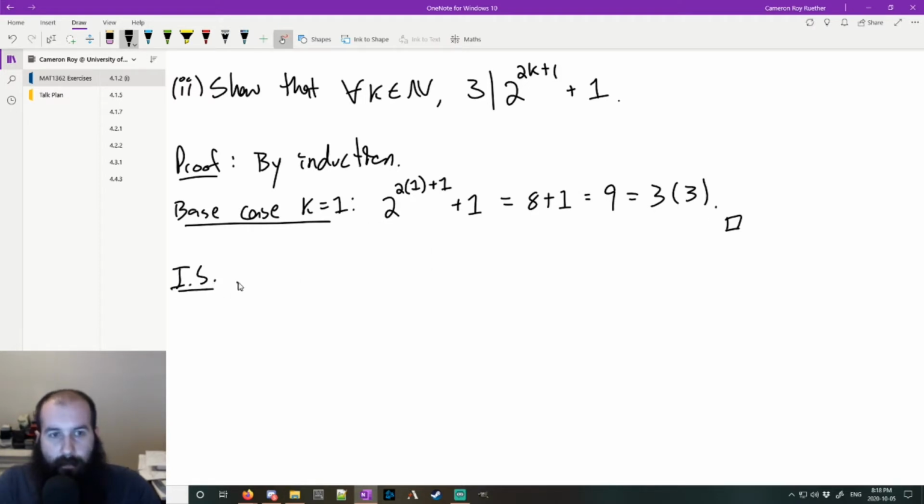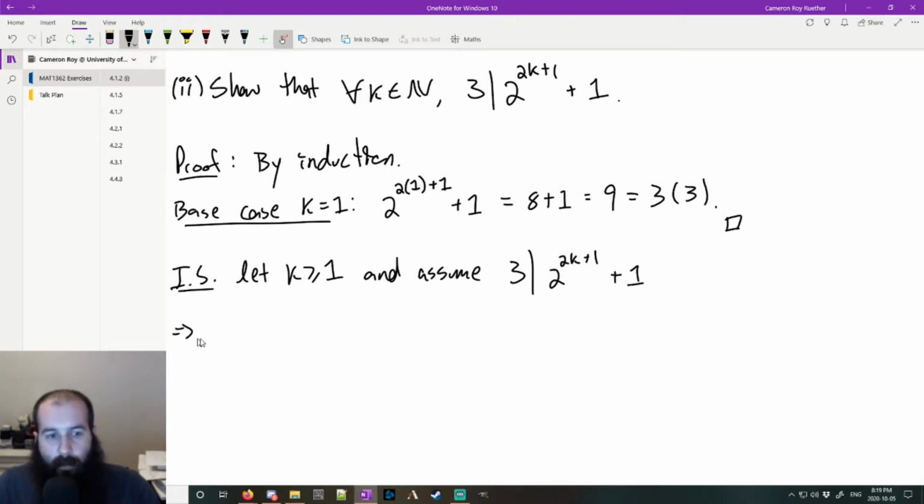For the inductive step, let k be greater than or equal to the base case of 1, and assume that 3 divides this expression at k. And this means that there exists an integer j such that 2 to the 2k plus 1, all plus 1, is 3 times j.